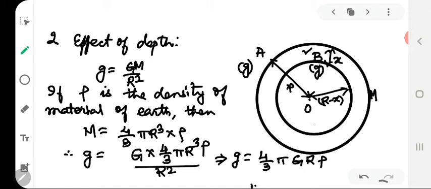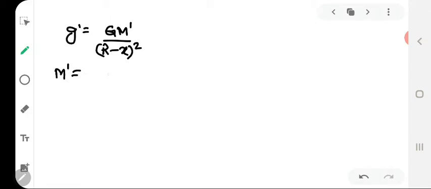So if we assume that m dash is the mass of the portion of the Earth whose radius is r minus x, then we can write G dash equal to G m dash by (r minus x) whole square. Again, using a similar pattern, m dash is equal to 4 by 3 pi (r minus x) cube into rho, volume into density.